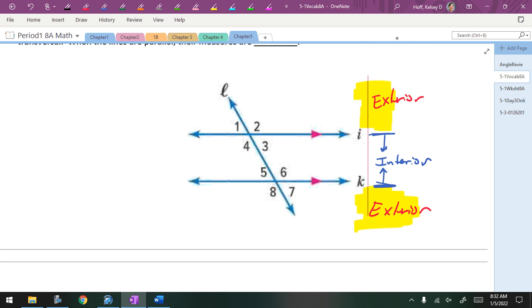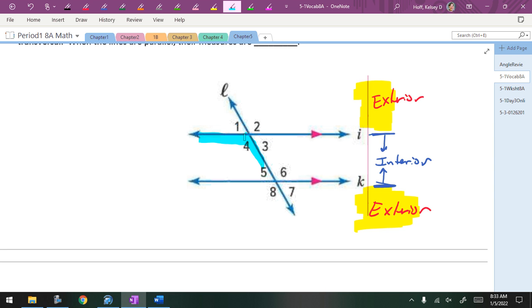They have to be interior. Somebody pick one of the numbers that are interior. 4, okay? Angle 4.